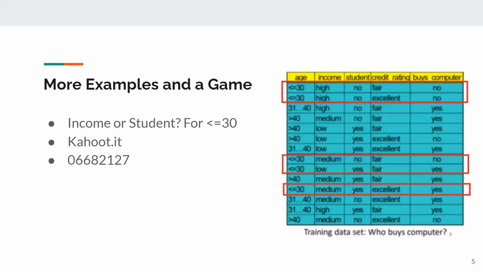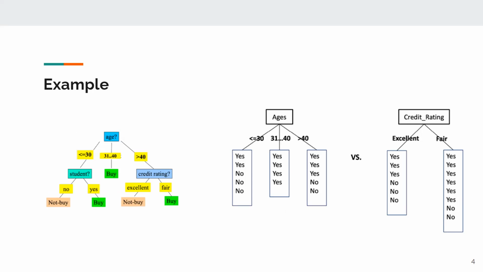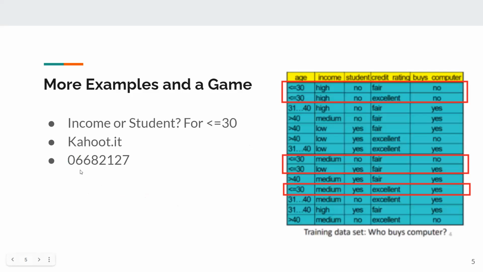To clarify this more, let's take a look at the other branch, where the customer's age is 30 or younger. The decision tree suggests we consult the student feature. These records are denoted by the red rectangle, and we find that all the customers who are 30 years or younger and are not students are not willing to buy computers, like these three records.